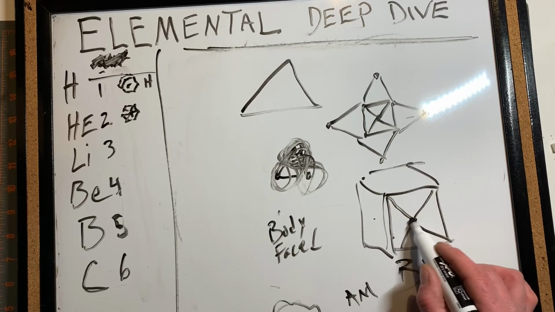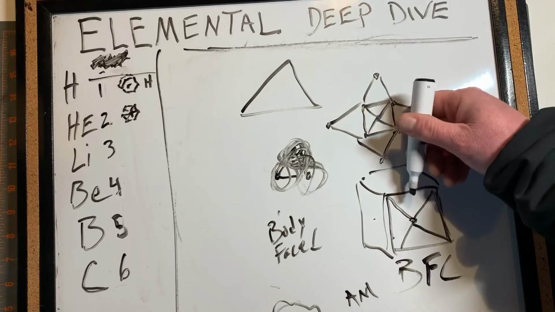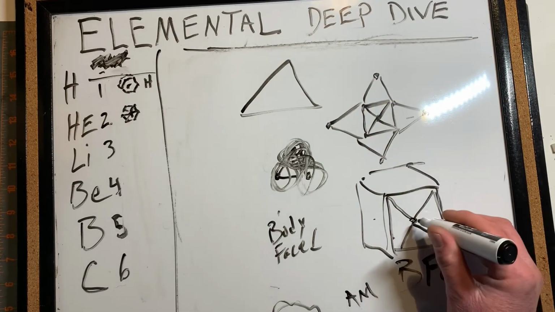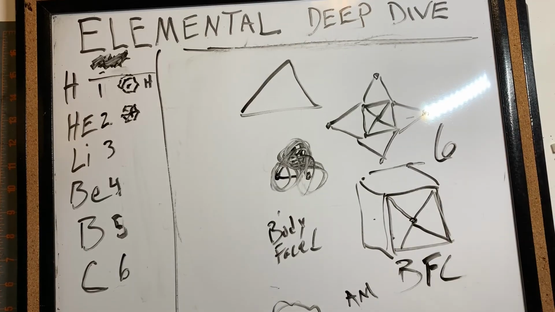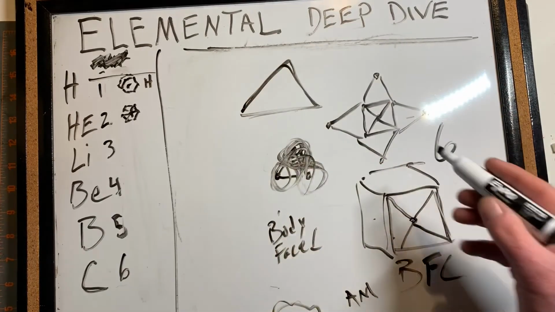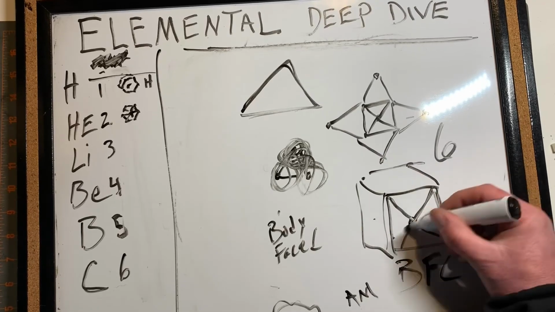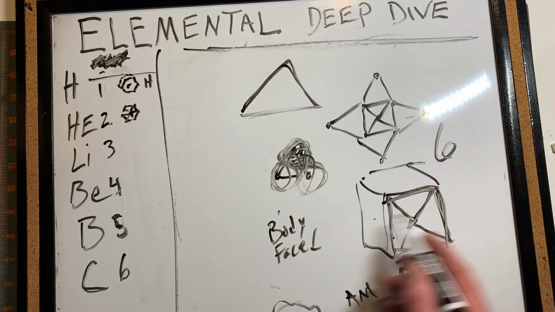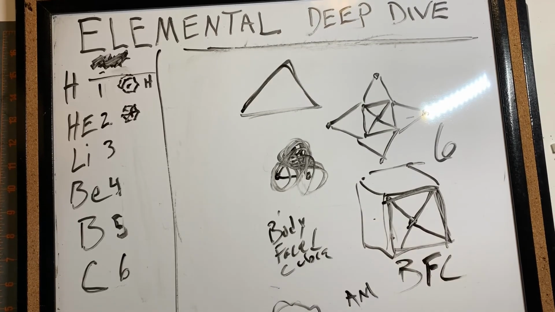You can see this one folding in, then this base on this side is folding in, and then you've got one here, one at the bottom, one in the front and one in the back. So there's 6 of these pyramids all folded in on each other to create what's called body-centered cubic. That's pretty cool.